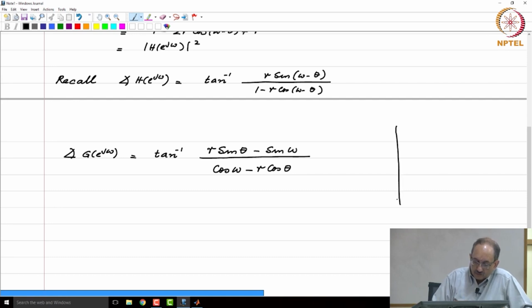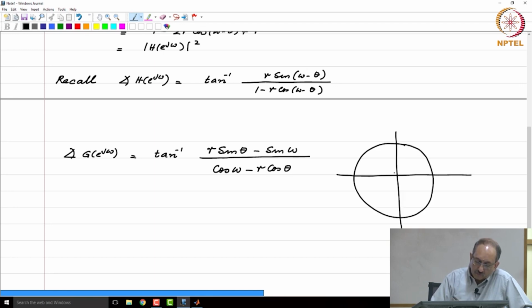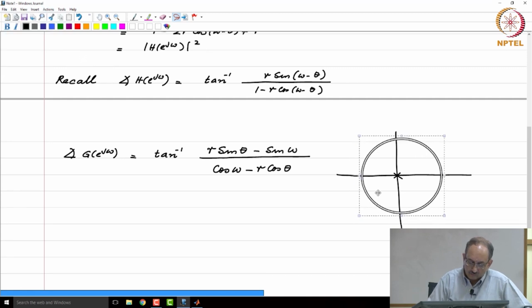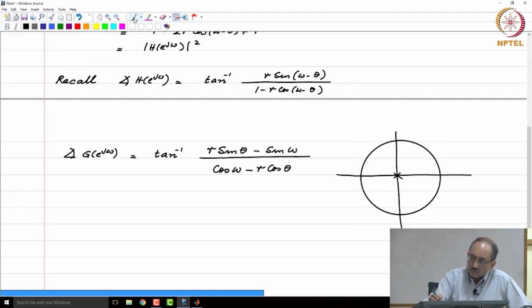So, in the earlier case, for h of z, you had a trivial pole and then you had a 0 at r e to the j theta. So, this is r and the angle is theta.